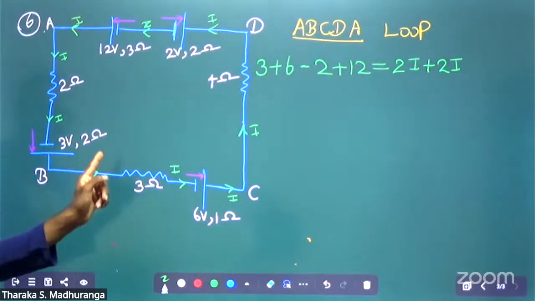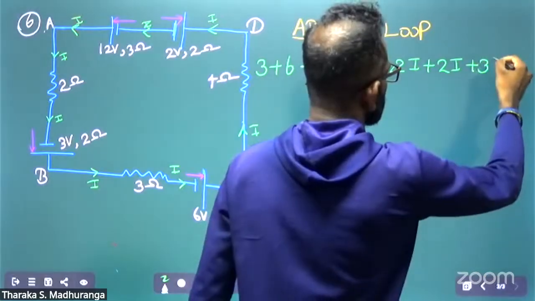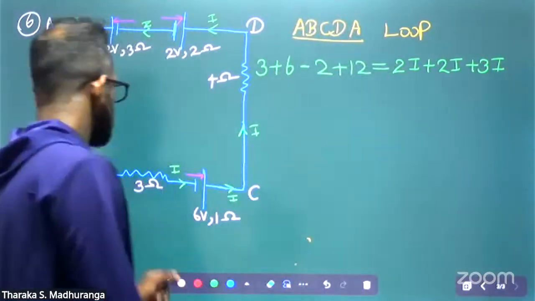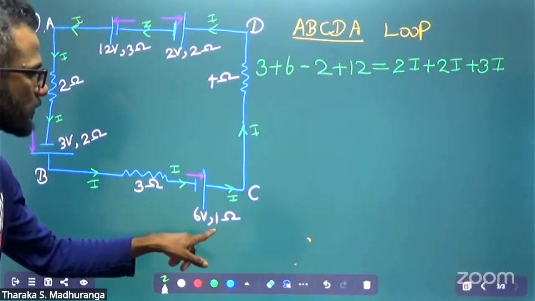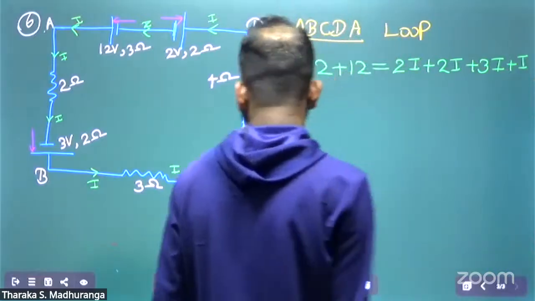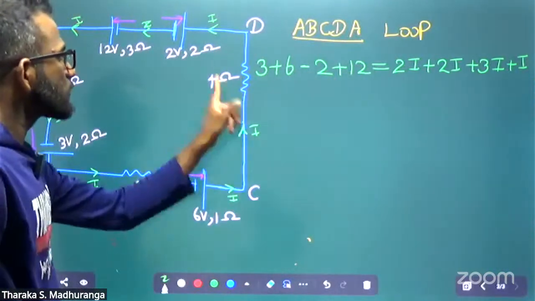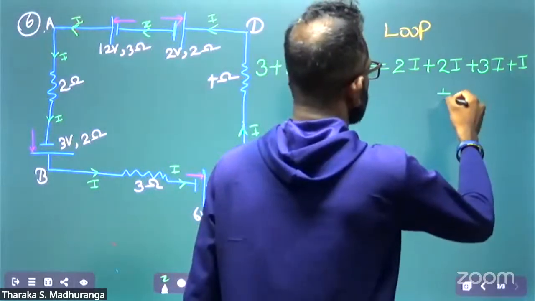B to C, 3I. There is a 1 ohm resistance, plus I. C to D, there is only one resistance, 4I.